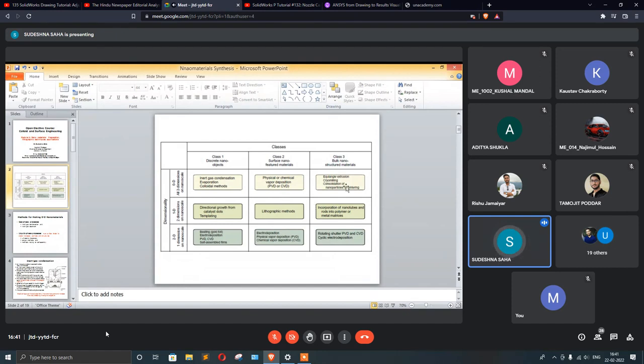Whenever we talk about the bulk nanostructured materials, they are mostly either composite materials, or you either use it for large scale. I mean, you are making it in the bulk quantity. Also, sometimes it is for industrial application. Sometimes we use these class 3 nanomaterials.